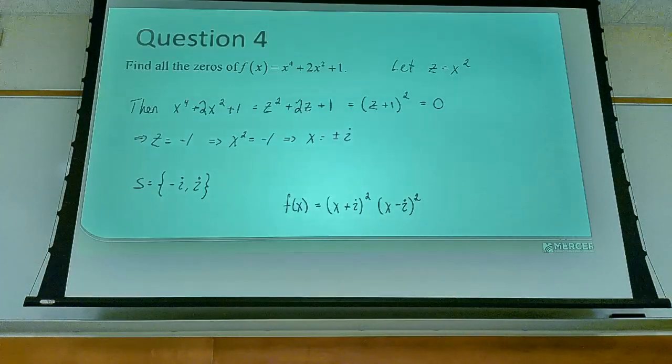So if you get a polynomial, check to see if you can use techniques previously taught. So your algebra techniques, because that would be the easiest way to go.